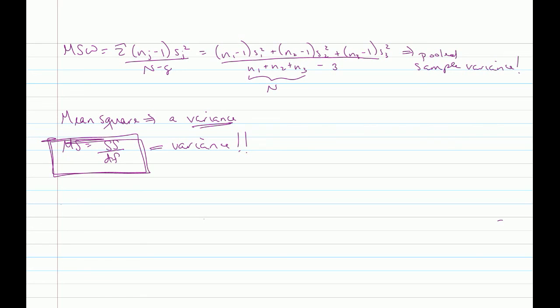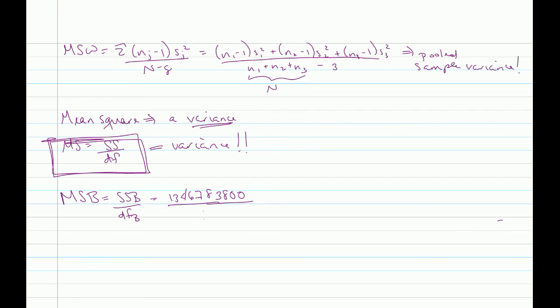If we want mean squared between, we're just going to do SSB, or SS between, divided by degrees of freedom between. And so that's going to be 1,346,783,800 divided by degrees of freedom between.